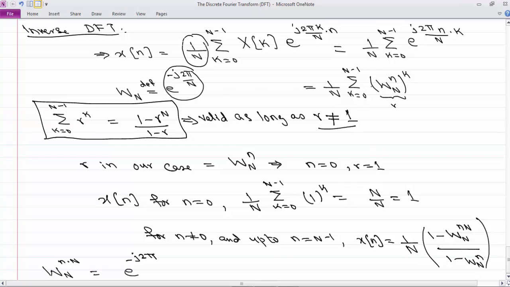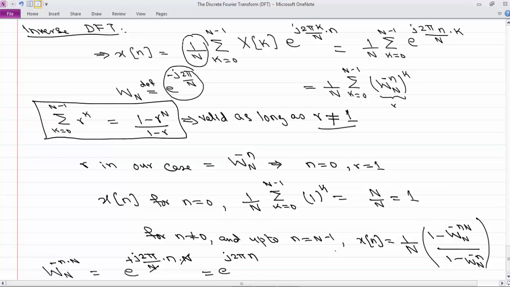This is actually, because of the definition, this should be minus here, but none of the results change. Minus here, minus here, minus here. So this will be e to the j 2 pi over N times little n times capital N. So this gets cancelled, so it's e to the j 2 pi n.